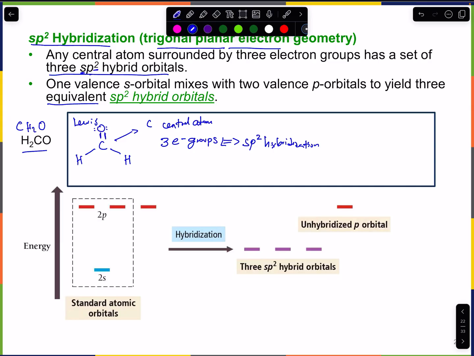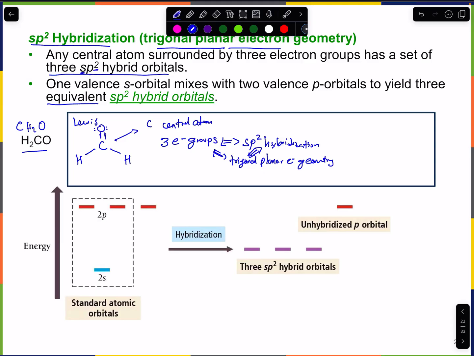This is also equivalent to having the trigonal planar electron geometry. So these 3 things are sort of equivalent: 3 electron groups around a central atom, sp2 hybridization, trigonal planar electron geometry, right?